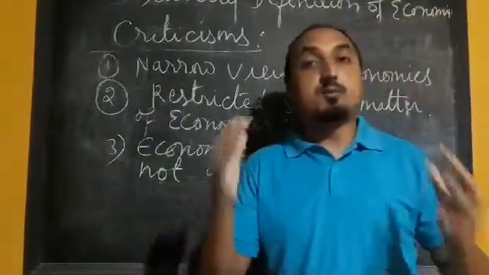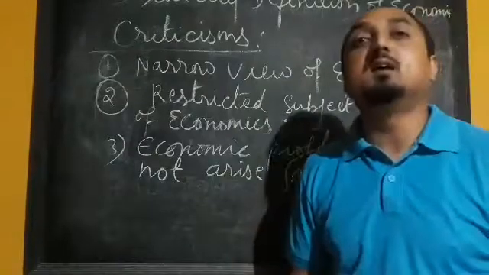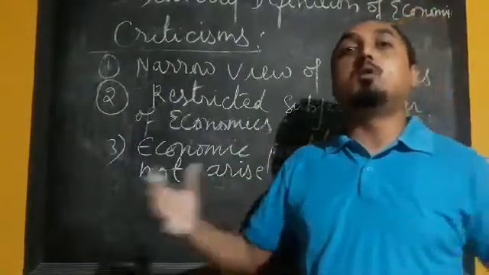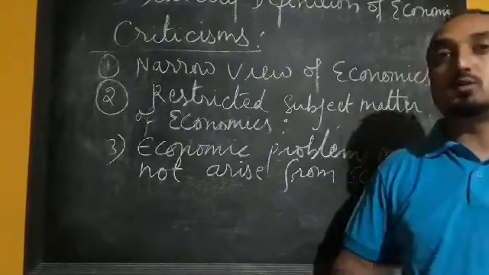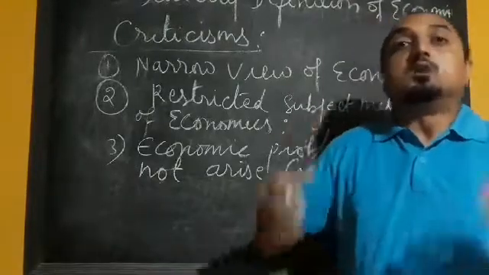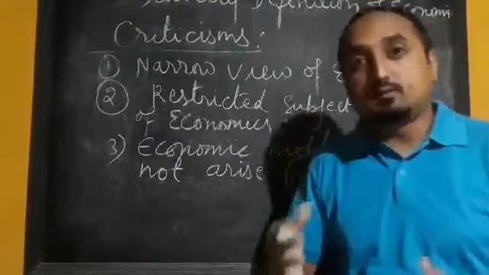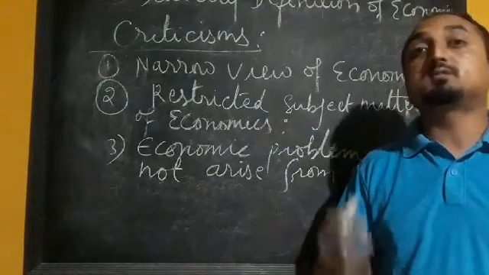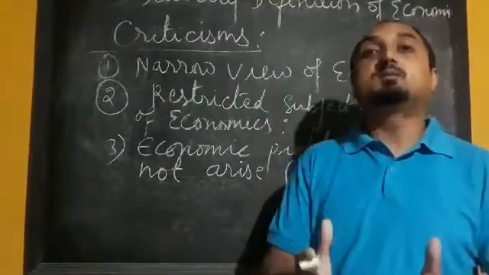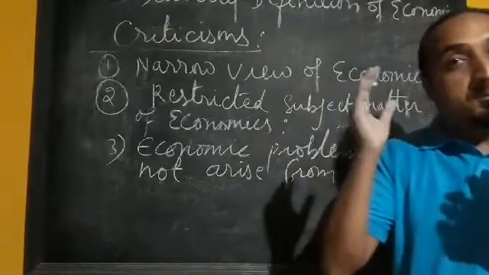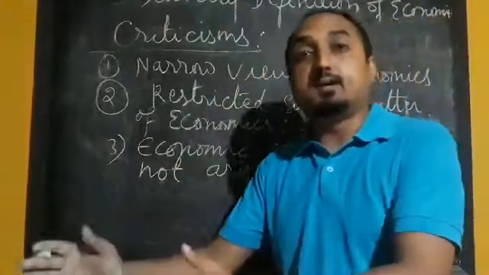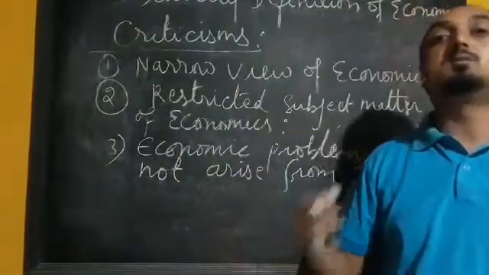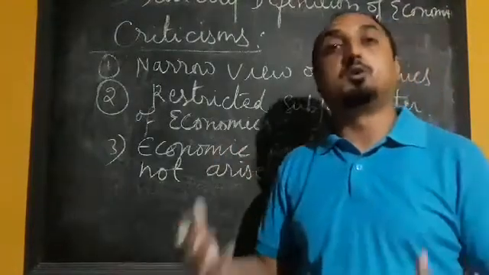When there is a favorable climatic condition, we see more agricultural production, or bumper agricultural production. Then sometimes the farmers do not get a reasonable price for their product, and because of that they have to incur huge losses.